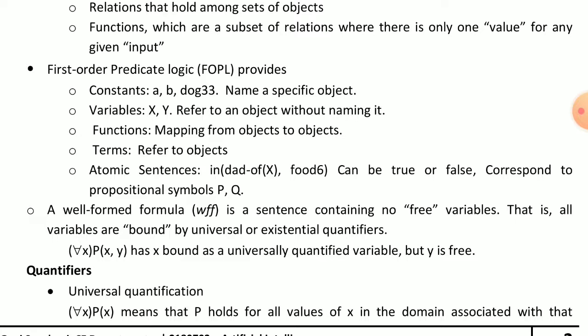Universal means all the world, all the universe. We can consider one quantifier. For all x, P of x means that P holds for all values of x.